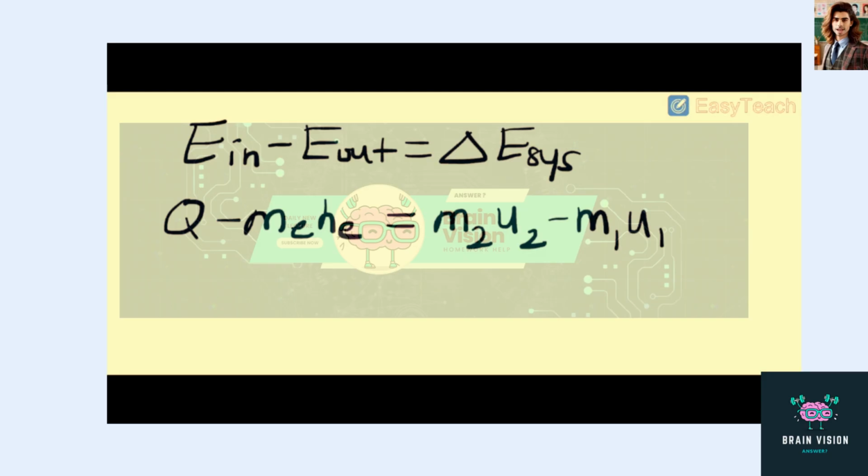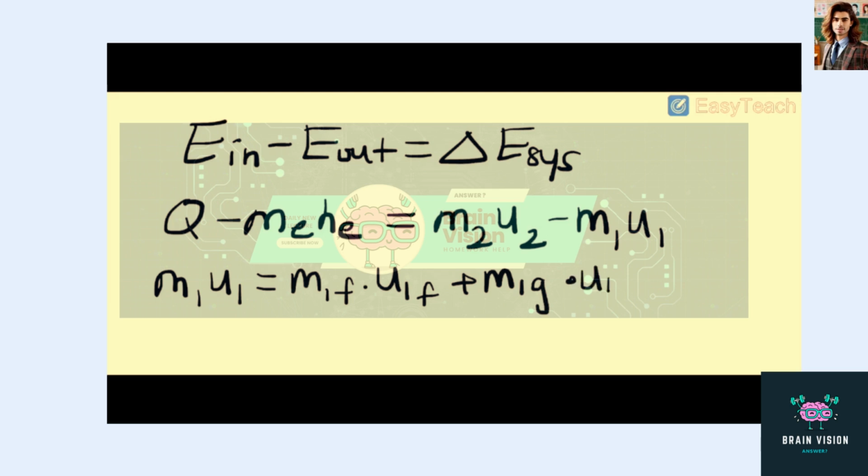Now remember that M1U1, the initial internal energy of the system, we actually wrote in terms of the energy due to the gas and the liquid inside. So we can write M1U1 as M1F times U1F plus M1G times U1G.